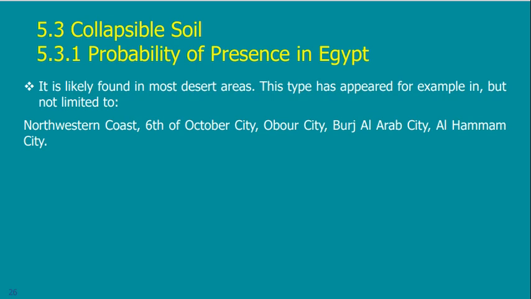What will happen is that when you put your building on top of this layer, and then you connect water to this area, and water starts to leak, water will reach these layers that are very, very aggressive, and they need water to release the bond that was there between the particles, between different soil particles.